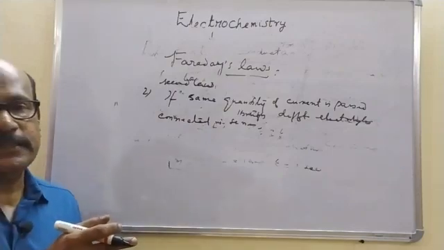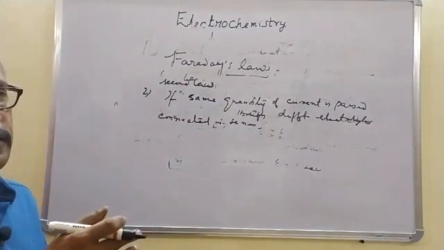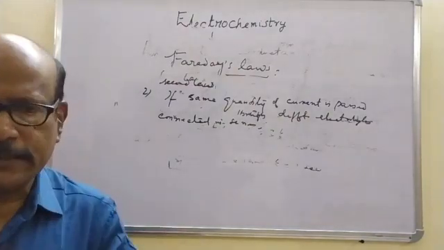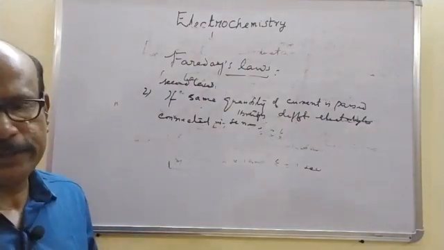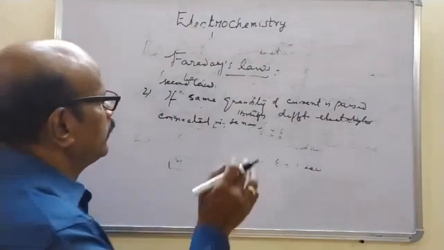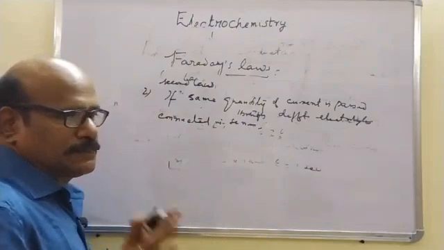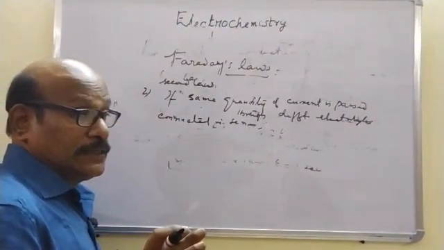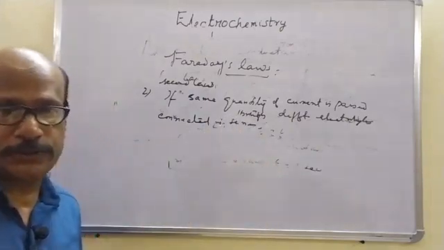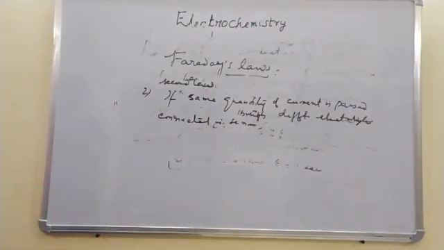On one hand potassium or hydrogen is deposited, whatever may be, on the other hand silver is deposited, on the other hand copper is deposited. All this happens depending on the condition. So the amount of each of the different substances deposited in each electrolyte is directly proportional to their respective chemical equivalent mass.